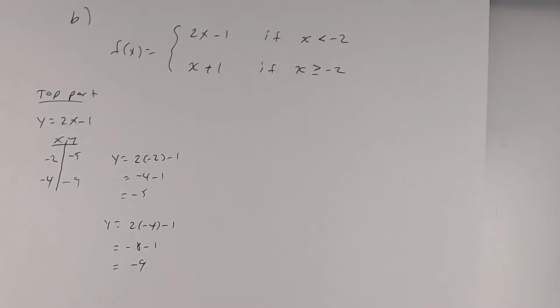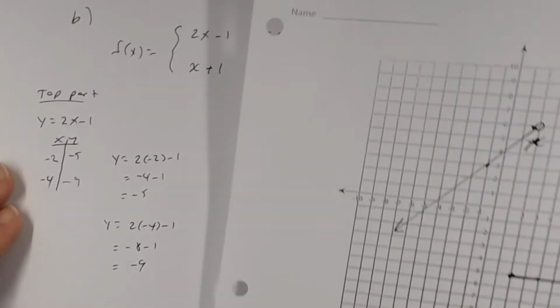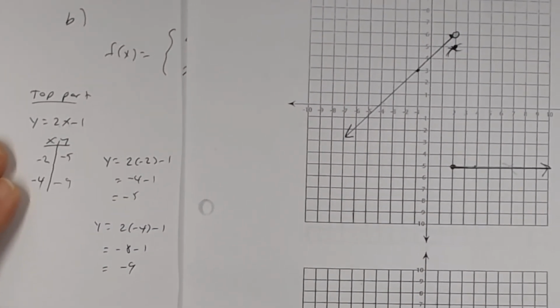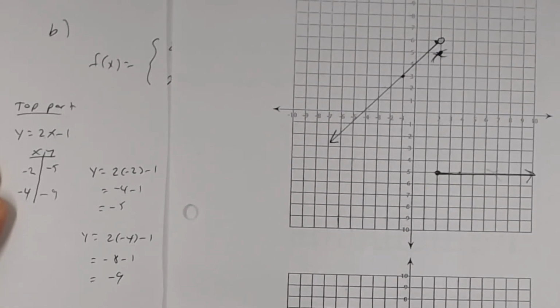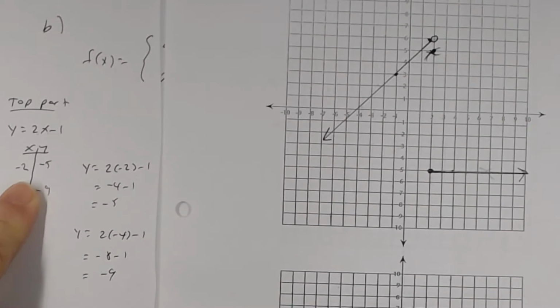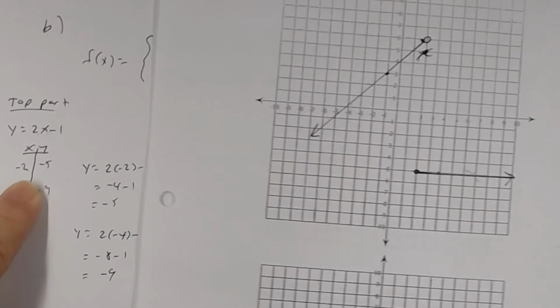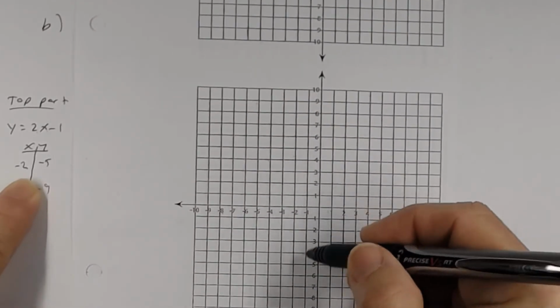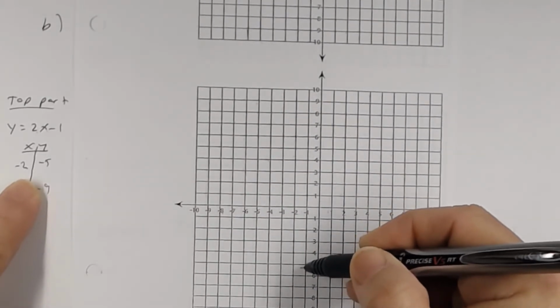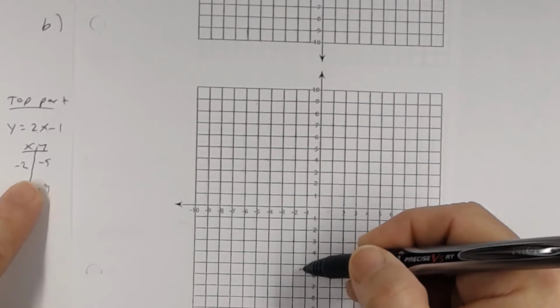All right, now we're gonna plot those points. Now remember, that's where you have to look at your restrictions. Is it included or is it not included? That's the question. So when I plot the point negative 2, negative 5, which is right here, am I going to put an open circle or closed circle, and why?